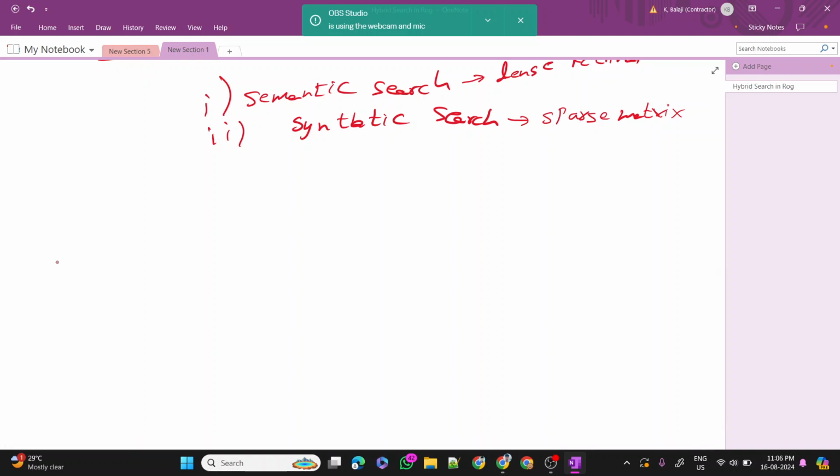In this method, we use a dense vector, a representation of a query and document. It uses some embedding technique.